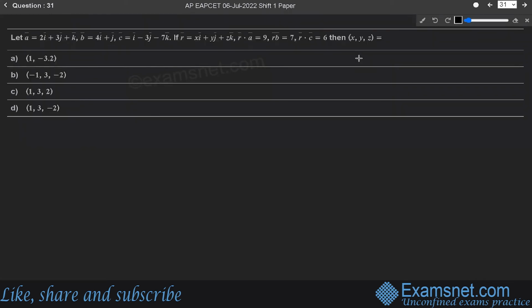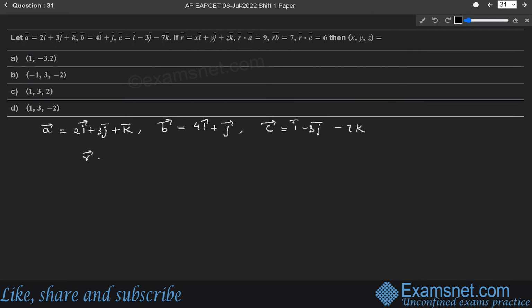Next question is, let A vector be equal to 2i plus 3j plus k, and B vector be equal to 4i plus j, and C vector be equal to i minus 3j minus 7k.